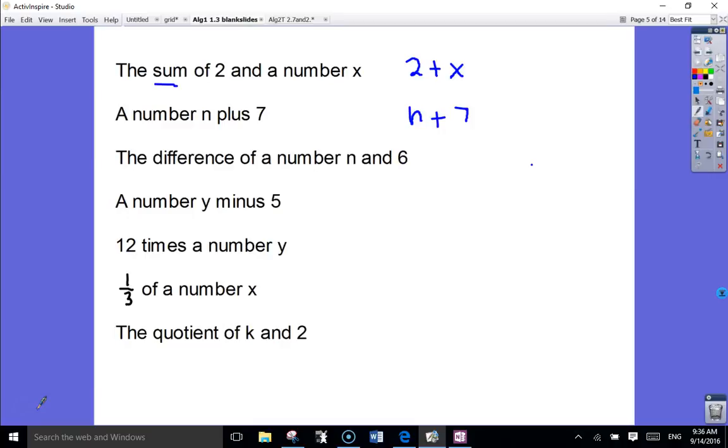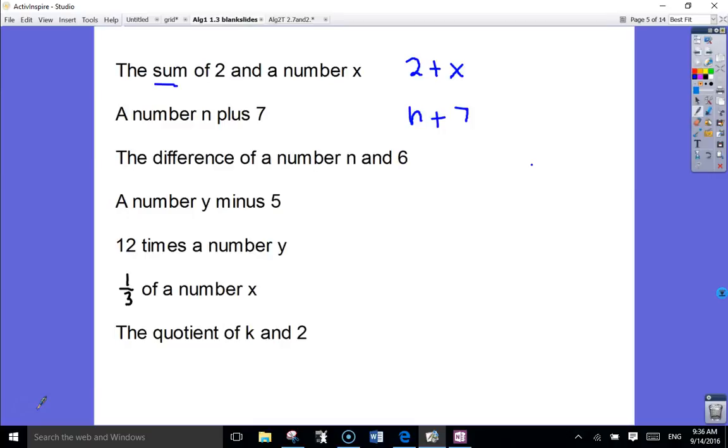The difference of a number n and 6. What word makes it reverse? Like, you know how there's a word that makes it reverse? That's what they explained last year. I'm not sure I understand what you mean.